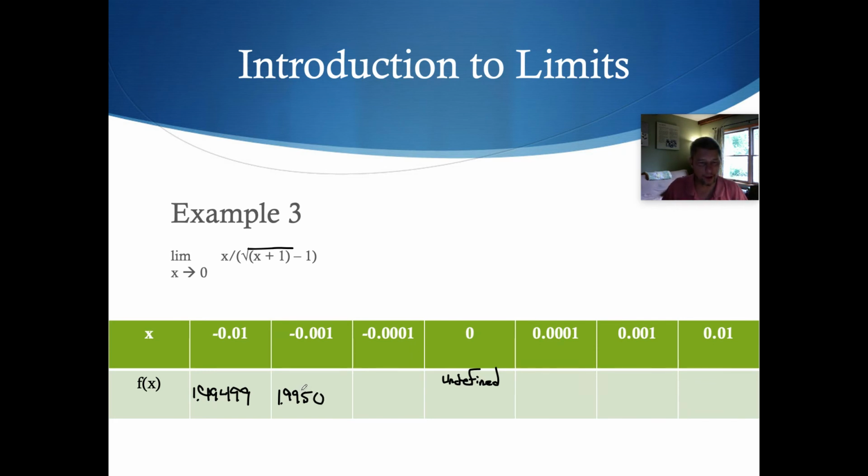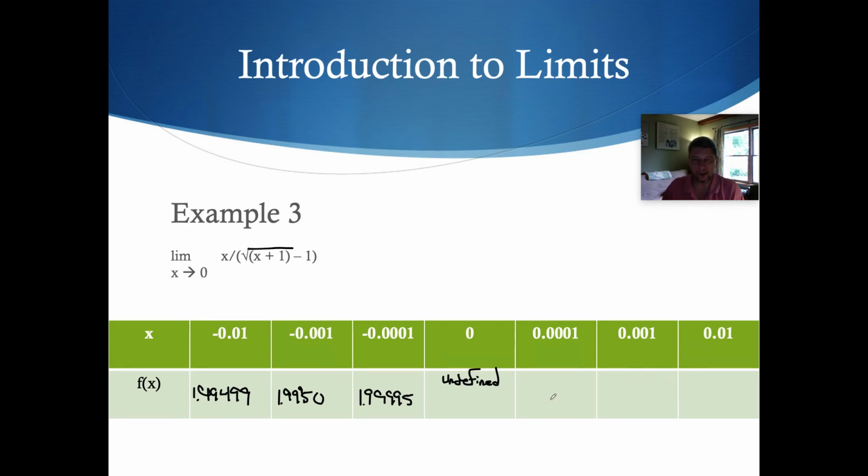There should be another 9 in there. 1.99950. If I plug in negative 0.0001, I get 1.99995. Okay, so obviously I'm approaching a value of positive 2 here.